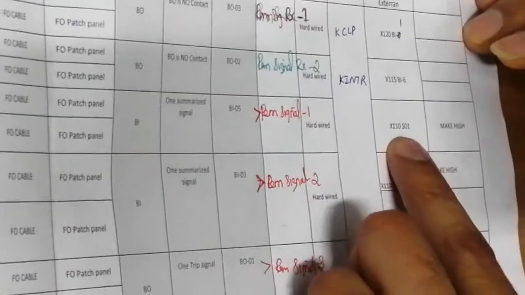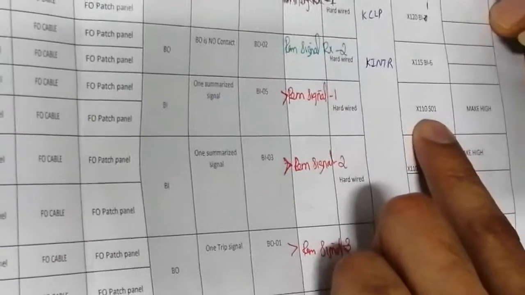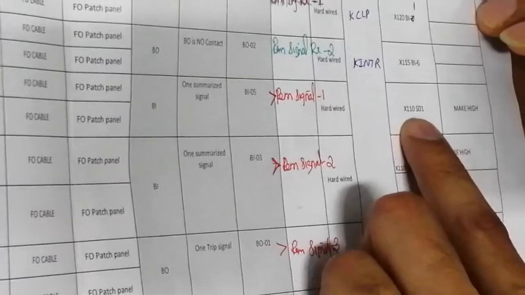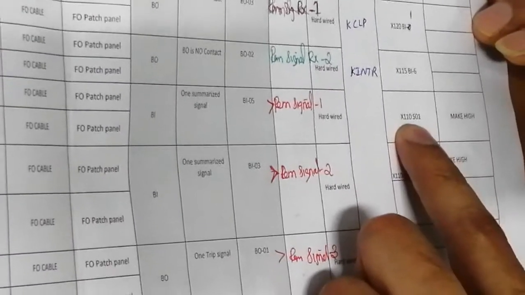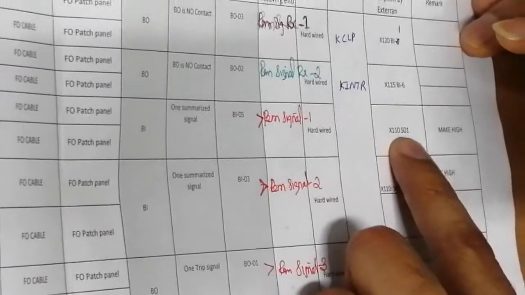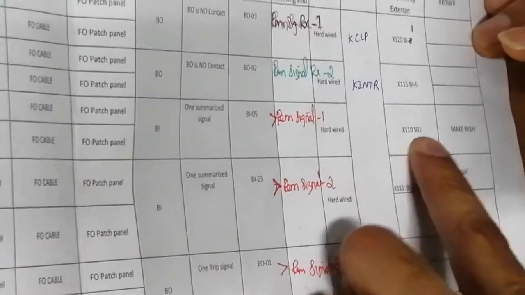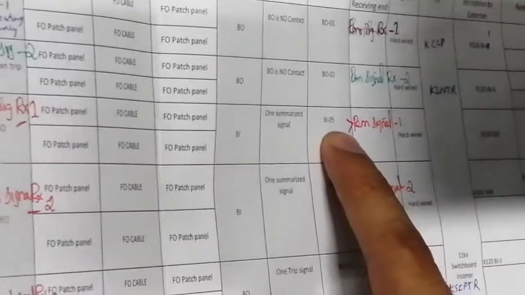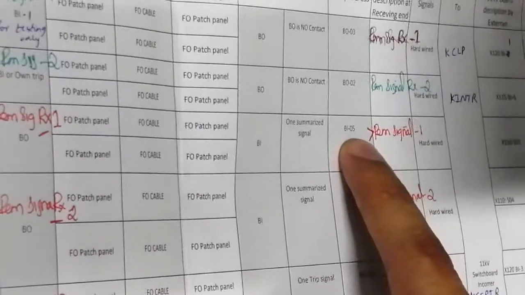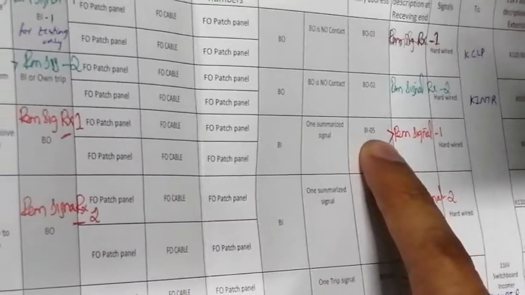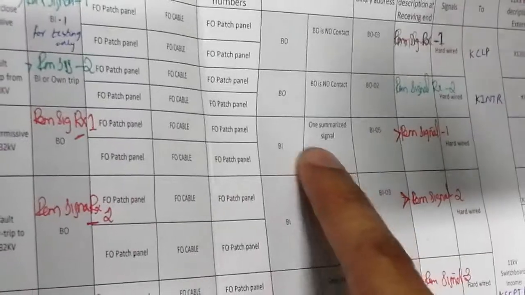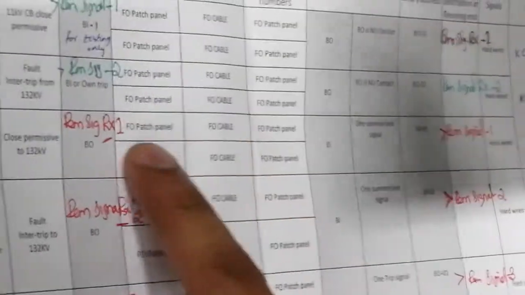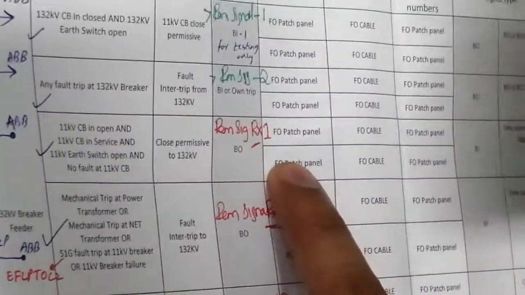So all this information is gathered by the ABB relay installed in the incomer panel. So that signal comes on output X10SO1 of ABB relay, and it is input to the 11 kV Ciprotec relay through a hardwired signal. As you can see, this is coming on BI5 of 11 kV Ciprotec relay, and this signal is sent through a fiber optic link to 132 kV Ciprotec relay.